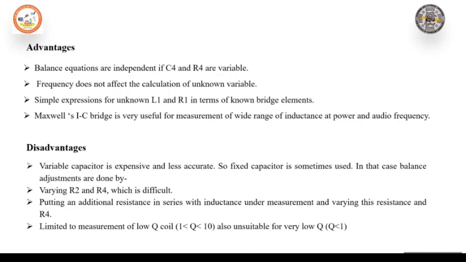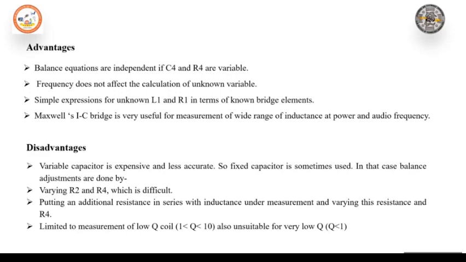Hence, theta 1 must be minus 90 degrees. But theta 1 is decided by the parallel combination of R1 and C1. To get theta 1 as almost minus 90 degrees, the value of R1 should be very, very high. Practically such high resistance is not possible. Hence high Q values cannot be measured.